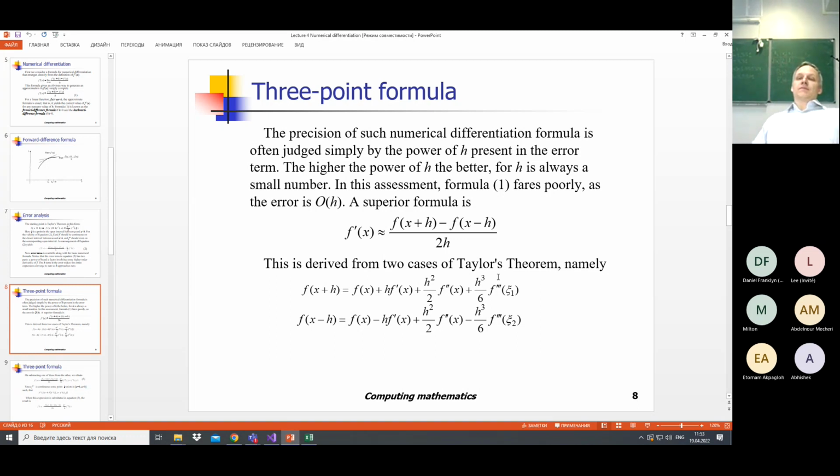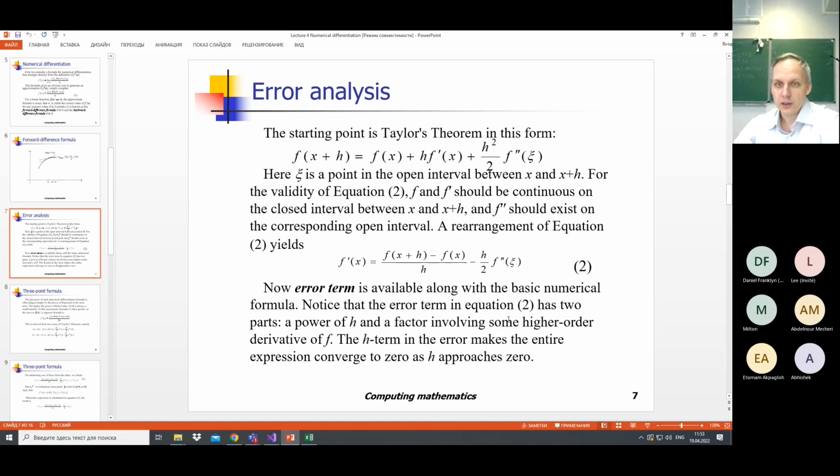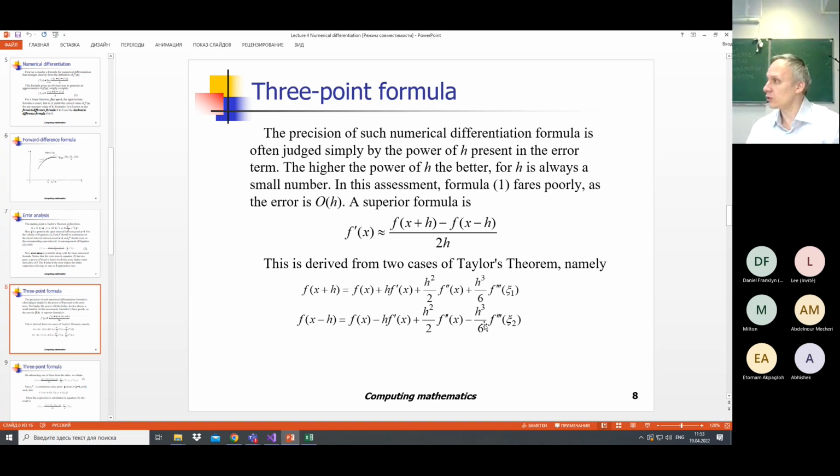Now, let's consider another formula for numerical differentiation that is called the 3-point formula. You see that the precision of such a numerical differentiation formula is often judged simply by the power of h present in the error term. And if h is in the power 1, the convergence is not very fast.